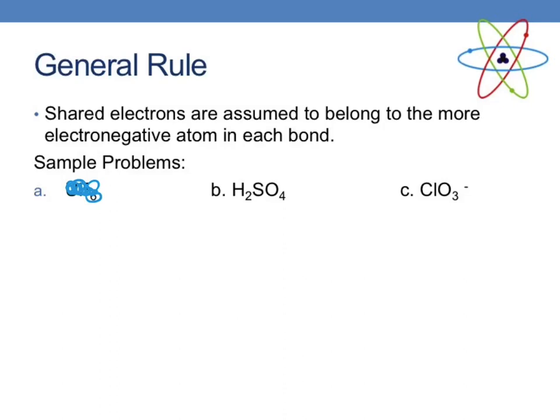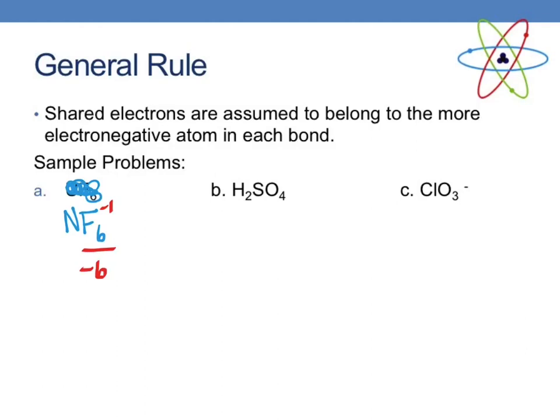Let's go ahead and I'm going to put NF6. What is the charge of fluorine? It's a -1. How many fluorines do we have? So that's a total of -6. So fluorine's oxidation number is a -1.